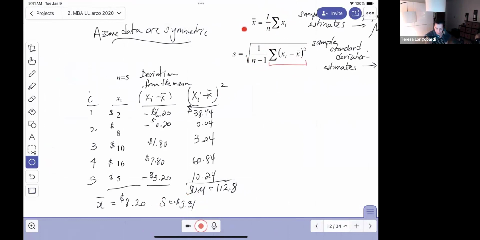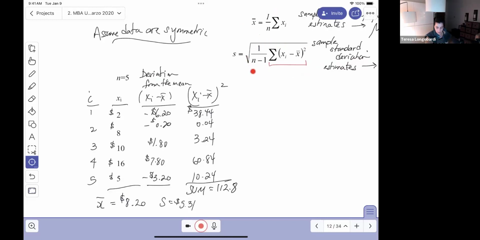This is an average. This is also an average, except I have to minus 1. Now, if n is really large, minusing 1 from 10,000 doesn't do much, right? But n is actually, in this problem, only 5.